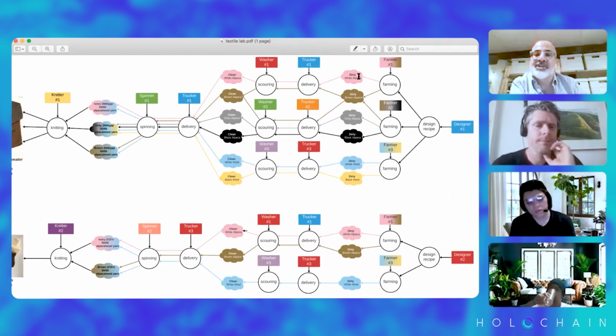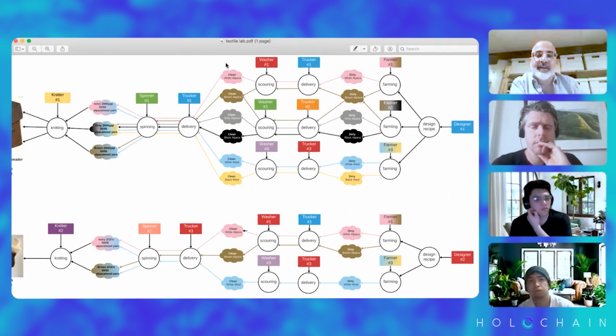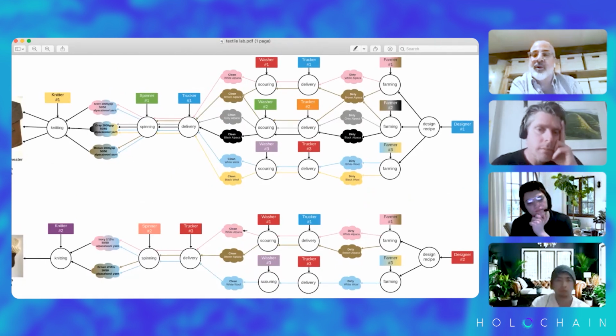If we look at this top chain, farmer one, the same dirty white and brown alpaca here, and it follows through the chain. So what's happening is designer one and designer two are collaborating on a lot of their activity here.